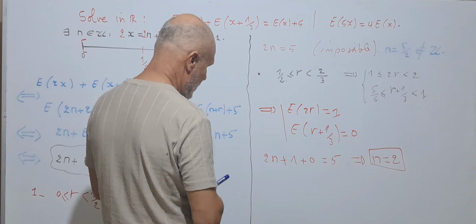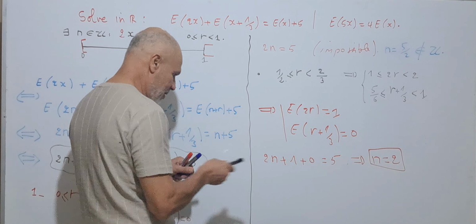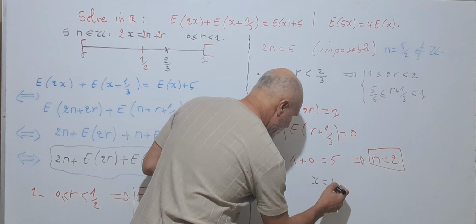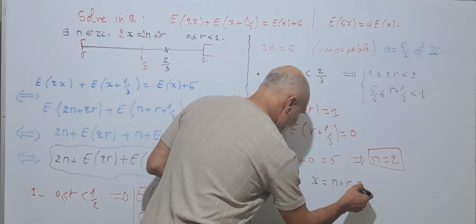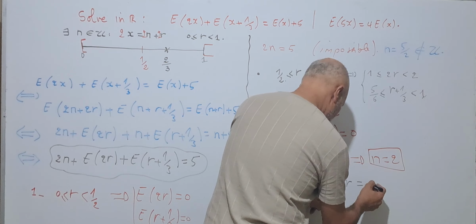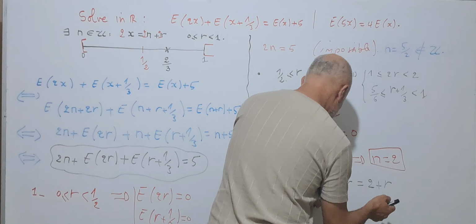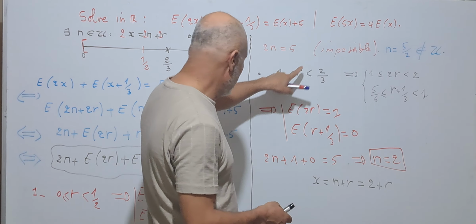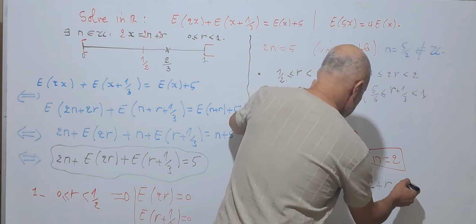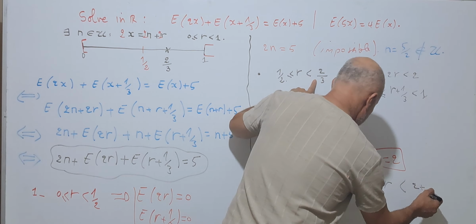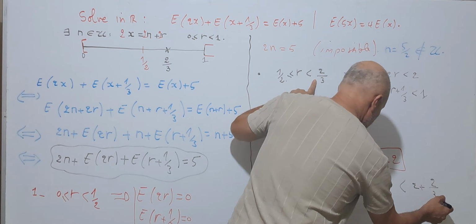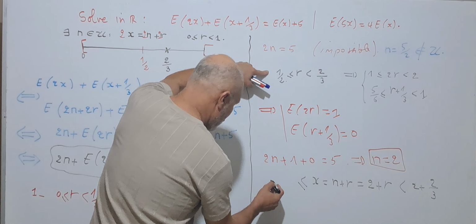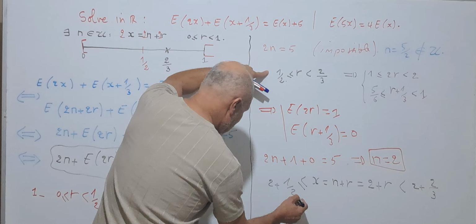Then x, which is equal to n plus r, is equal to 2 plus r, but r in this case is between 1 over 2 and 2 over 3, which means that x is less than 2 plus 2 over 3 and greater than or equal to 2 plus 1/2.